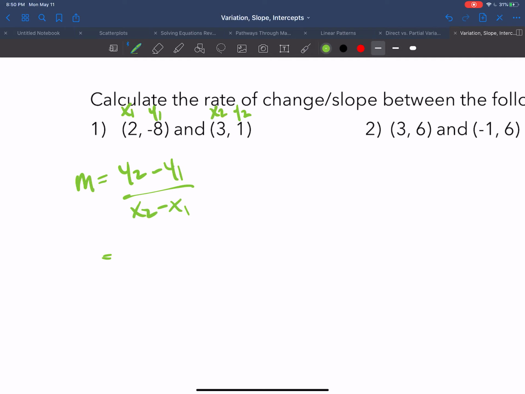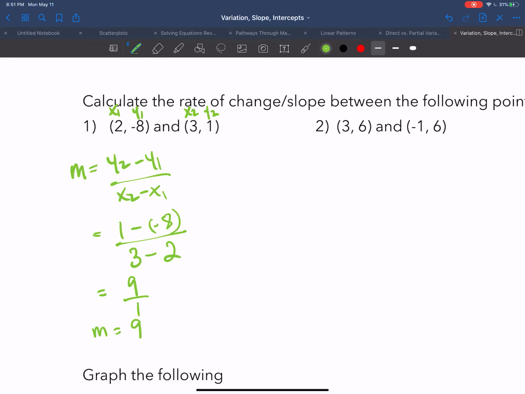The order doesn't matter, as long as you keep it 1 and 1 and 2 and 2. So y2 is 1 minus y1, so minus -8. x2 is 3 minus 2. So 1 minus -8 is the same as 1 plus 8. That's 9. 3 minus 2 is 1. My slope is 9. So the slope between those 2 points is 9.